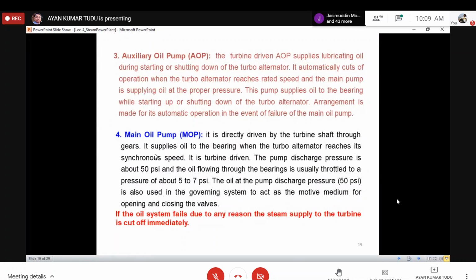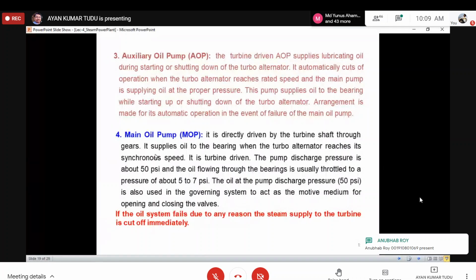Under that condition, if the turbine is operating, there is a high chance of wear and tear in the gears and the shafts. So that's why whenever the oil system fails, we immediately cut off the steam supply to the turbine, so that the turbine does not rotate. Understood?